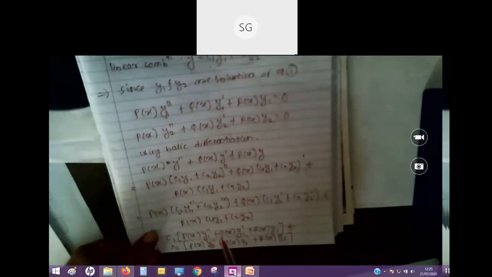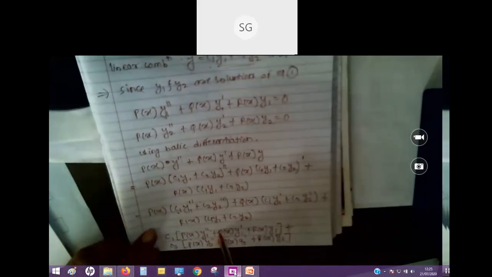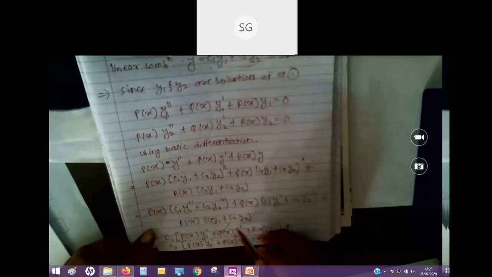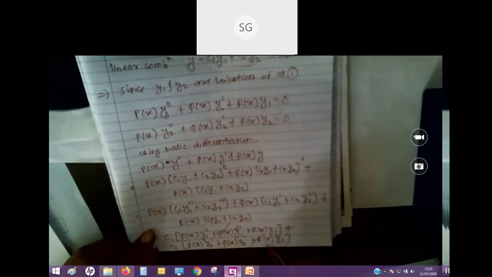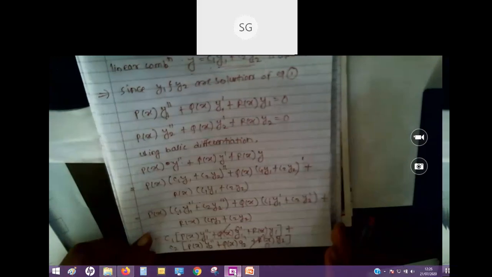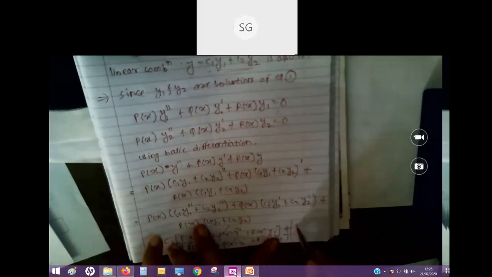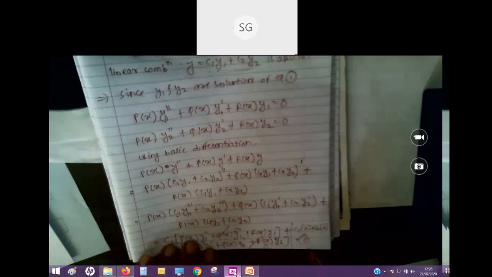And the same holds for the other term, its value will be 0. So both terms will be 0. That's why c1 times 0 plus c2 times 0 will be equal to 0, and hence both the sides are equal now.